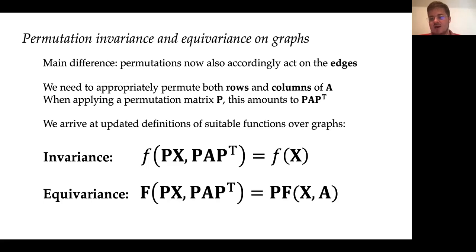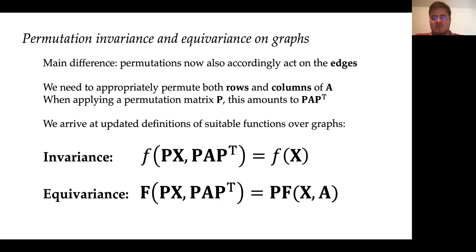And we recover basically the same rules as we had for sets. So our graph neural network is permutation invariant if no matter how I permute the nodes and edges, as long as it's done consistently, I should get exactly the same results.